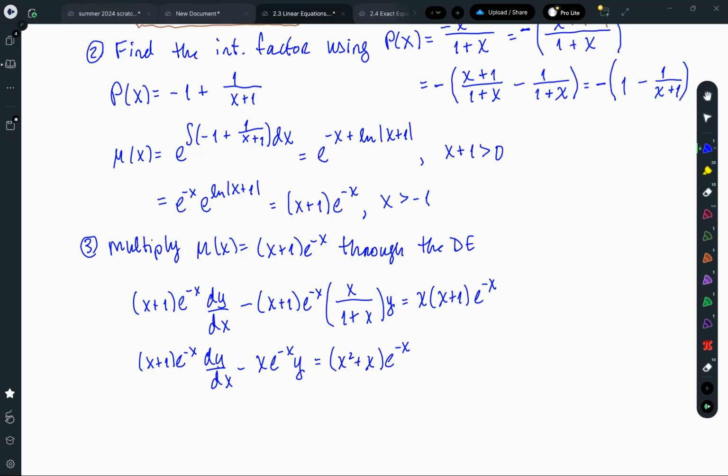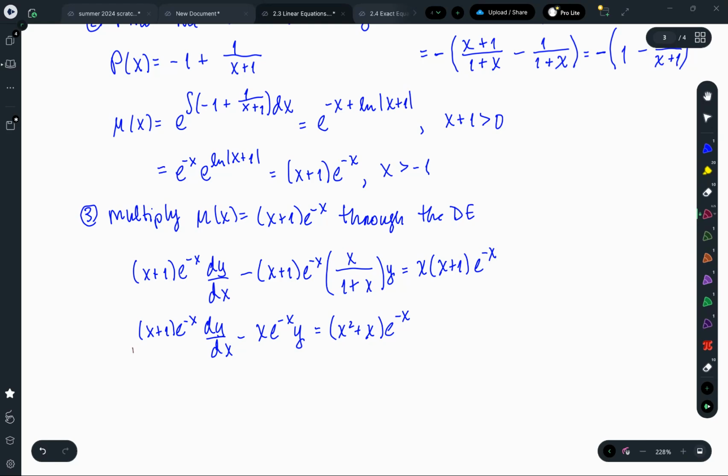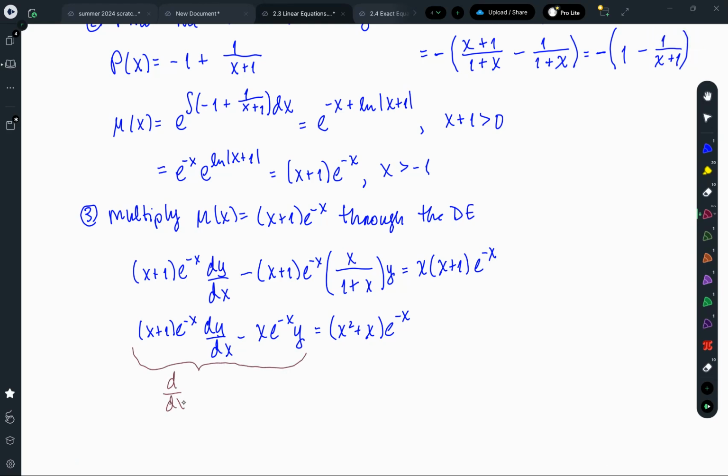Okay, so supposedly this left hand side is the result of the product rule d dx on mu of x, which was (x plus 1) times e to the minus x times y. Okay, and it actually is that. So in order to see that, we need to actually take d dx of both sides.